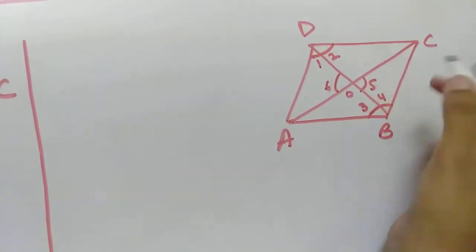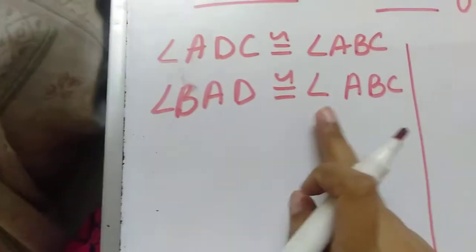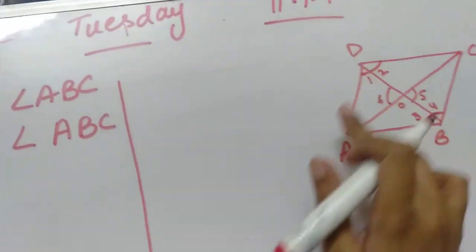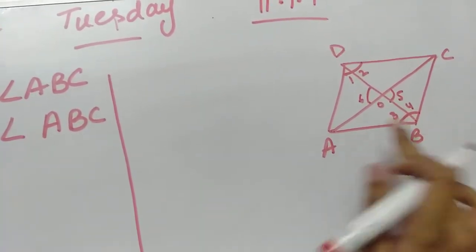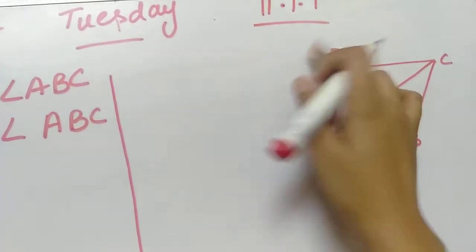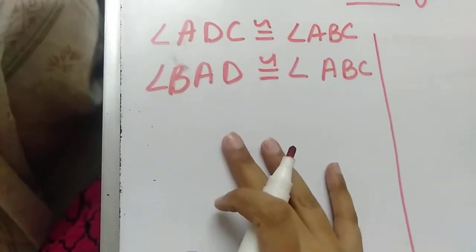So similarly, if we are taking these sides, we can also use these sides. So we can say that angle BAD is also congruent to angle ABC. So these angles are also congruent. So the second point is proved here.